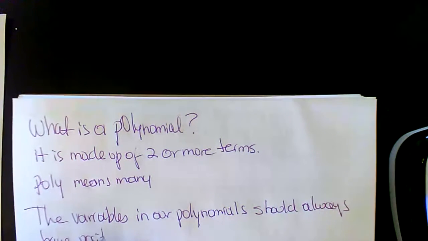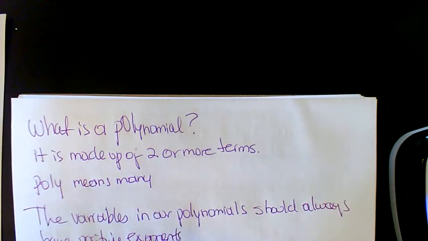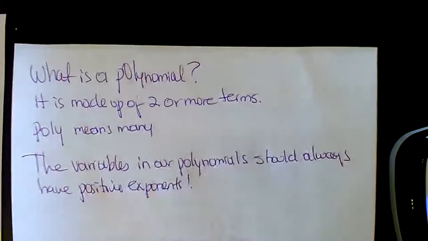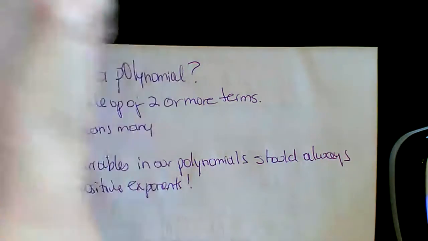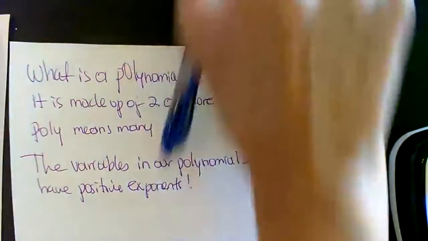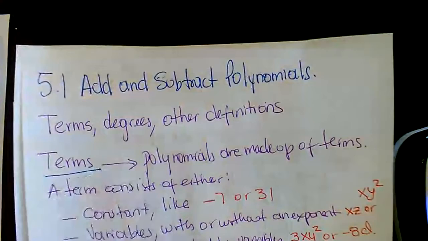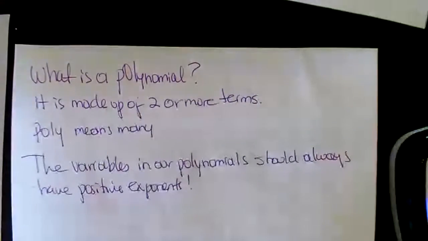Don't forget that. Always they should have that. So now, let's talk about the degree of the polynomial. So we just talked about terms. So now, let's talk about degree.